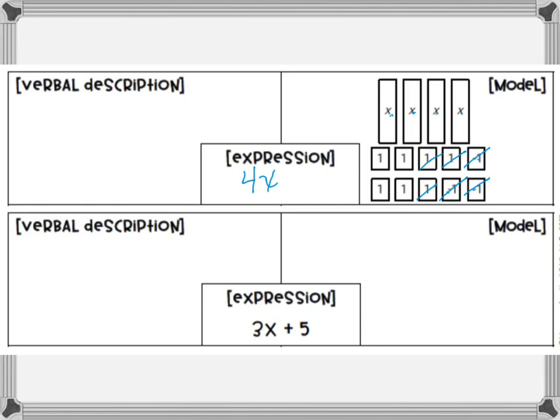So that means I have 4 left over. So 4x plus 4. So we would write this in words. This is just like the writing expressions that we did yesterday. We could say 4 times a number is increased by 4.